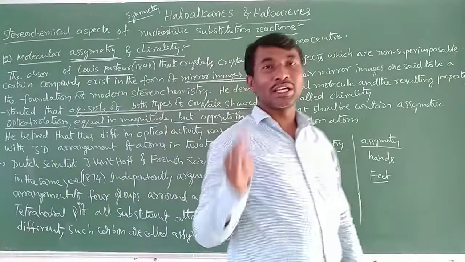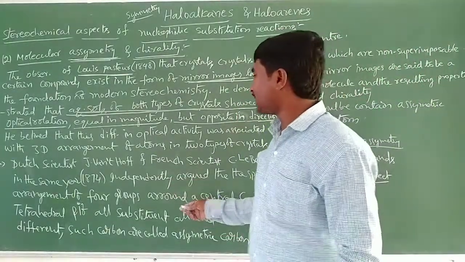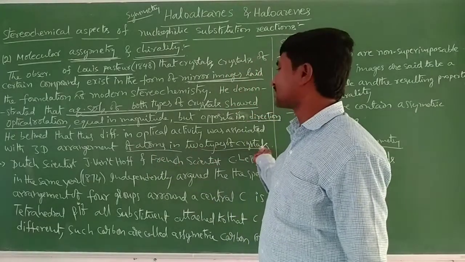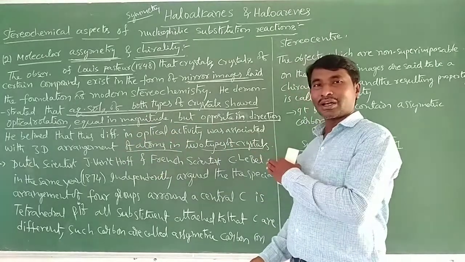What does that mean? Two types of crystals means one is the left side, another is the right side.